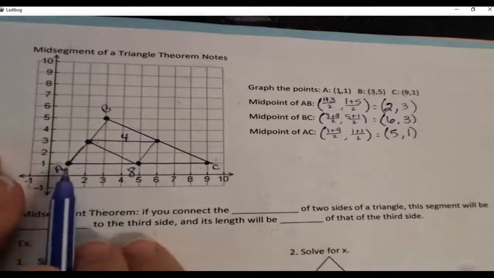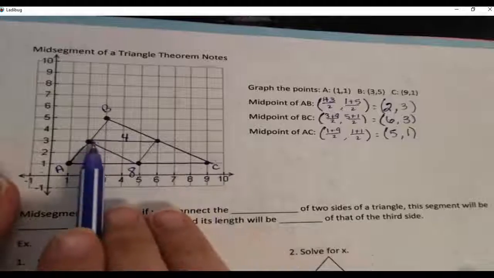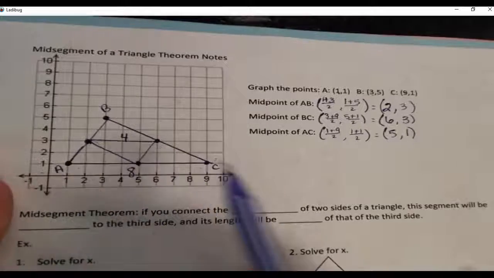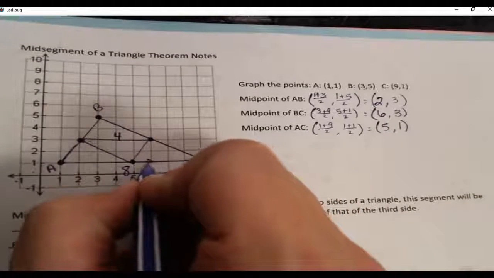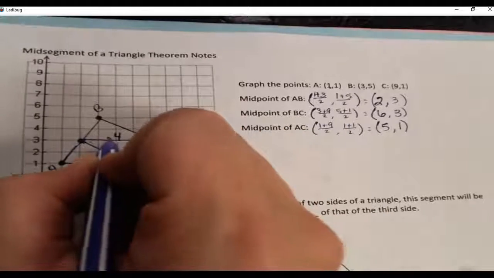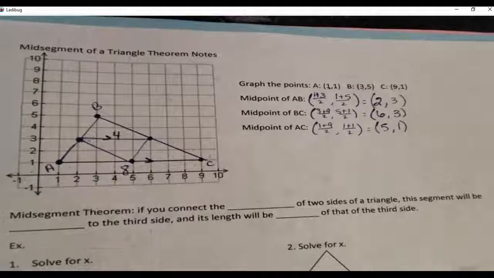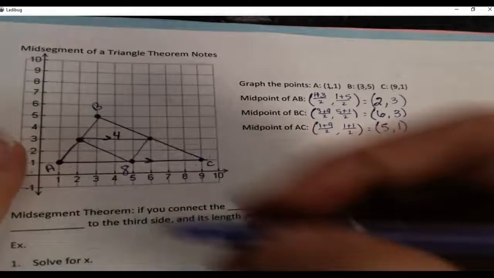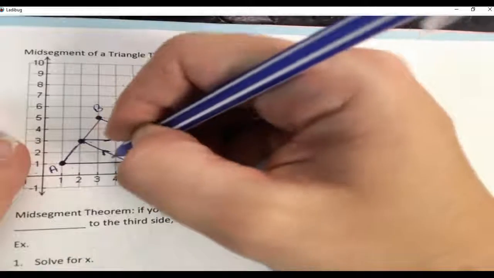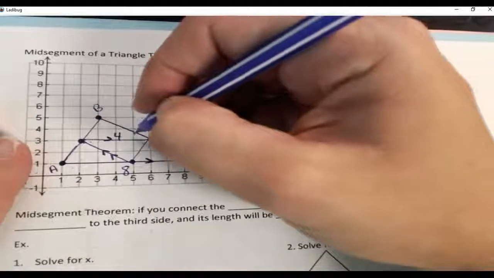What do I know about these two horizontal lines? They're parallel. So I can say this side is parallel to this side. And that's true for all of them. So all of the midsegments that are across from the sides are parallel. So then this one is parallel to this one.